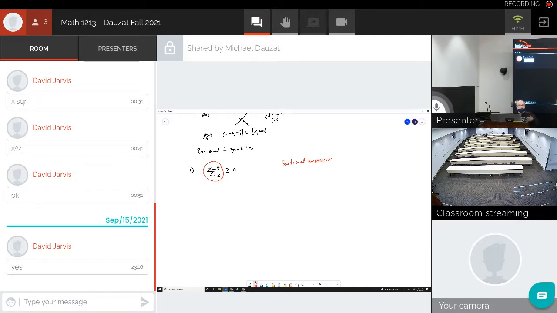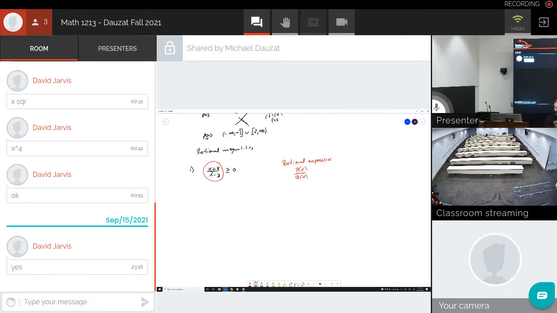So remember a rational expression from a previous course. For us, we're looking at polynomials. So it's a polynomial divided by another polynomial. So the x plus 8 and x minus 3 are considered polynomials. They're linear expressions. And that's how they're all going to look for us in this course.